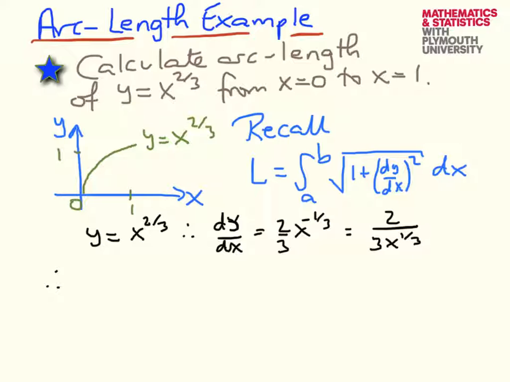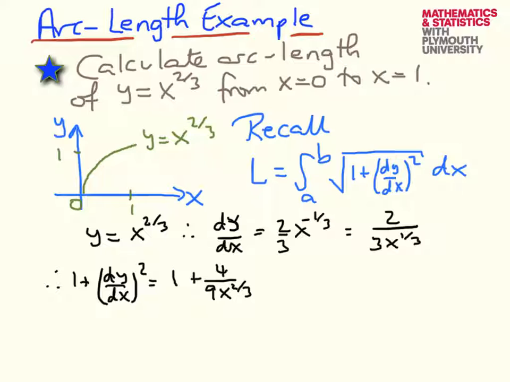So therefore 1 plus dy dx all squared is 1 plus, now all I've got to do is square this, so top is easy, it's 4, and at the bottom it's 9 times x to the 1/3 squared, which is x to the 2/3. So I have 1 plus 4 over 9x to the 2/3.